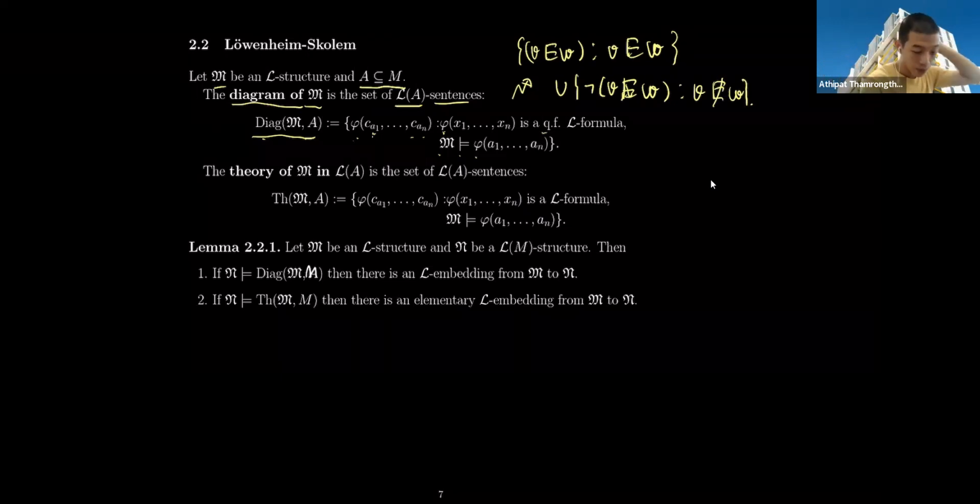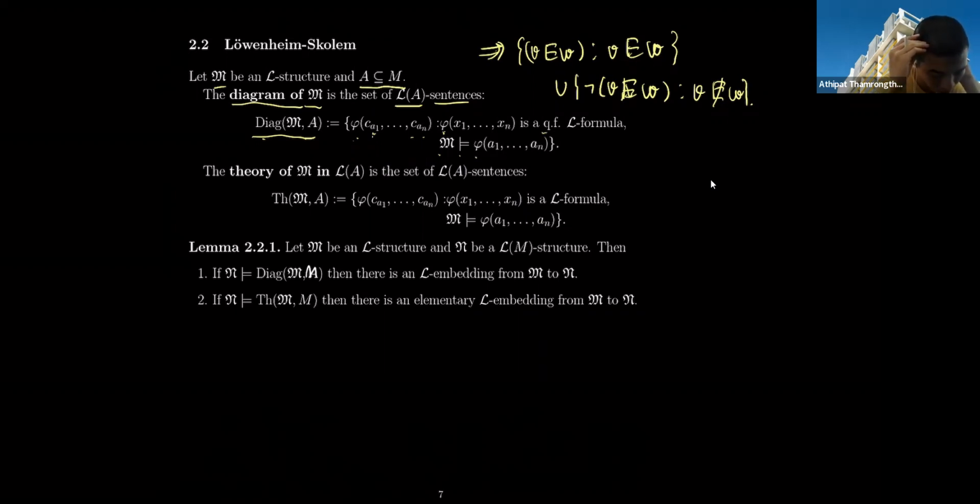Actually, what you have in here is also contained in the diagram of your graph, when A is the set of all vertices, right?